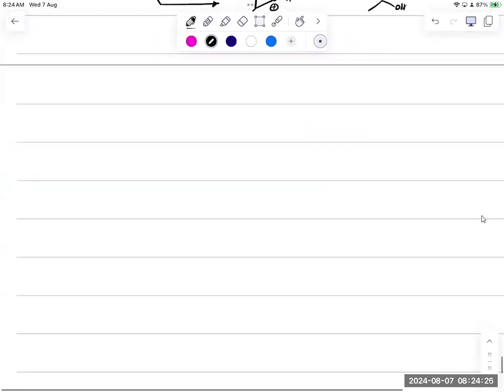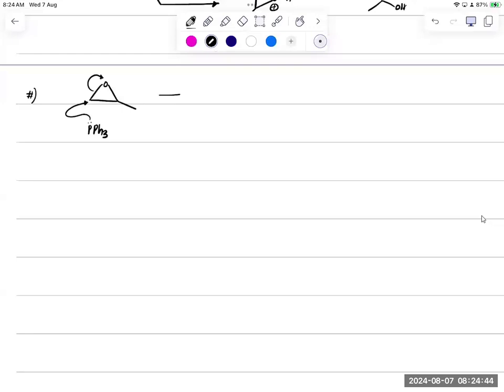Next, if you have any questions based on this, it is like this. For example, if you have an epoxide here this way, and I'm treating that with PPh3, obviously normal SN2 should happen. So by normal SN2, we get PPh3 plus charge, and this will become O minus.